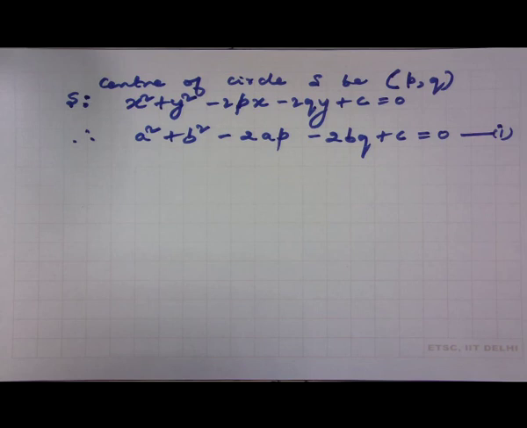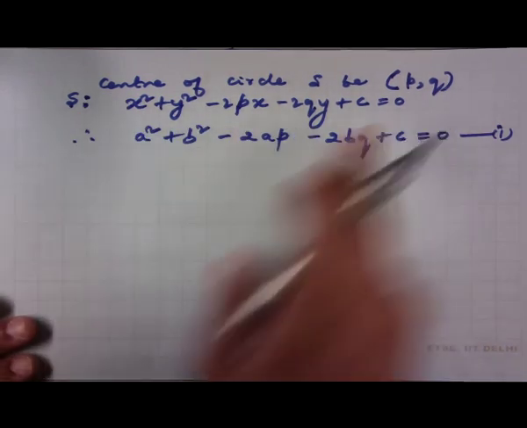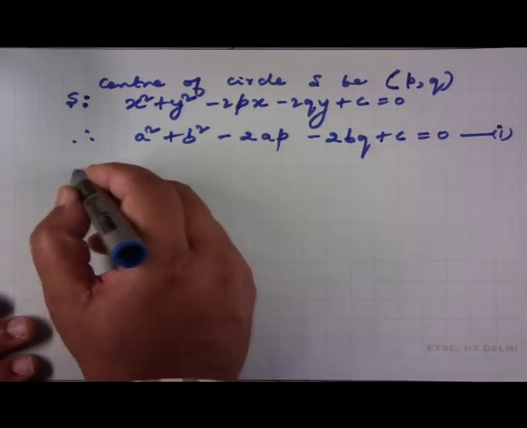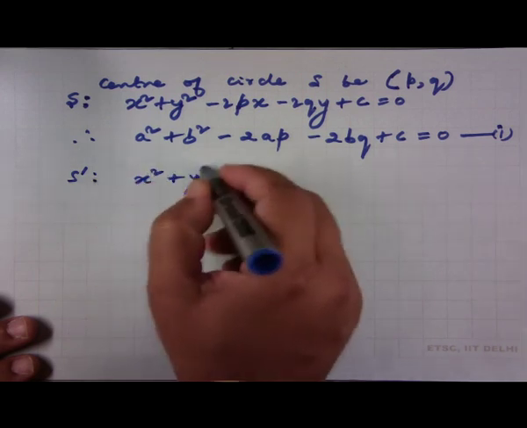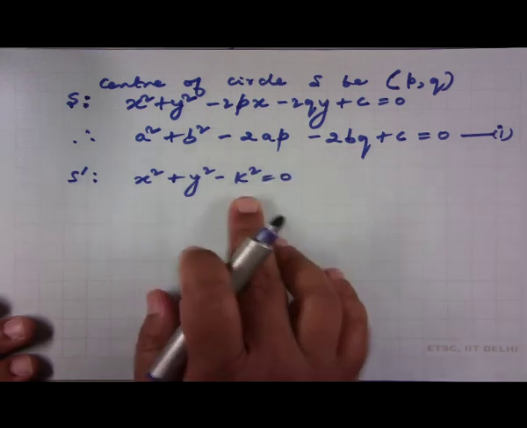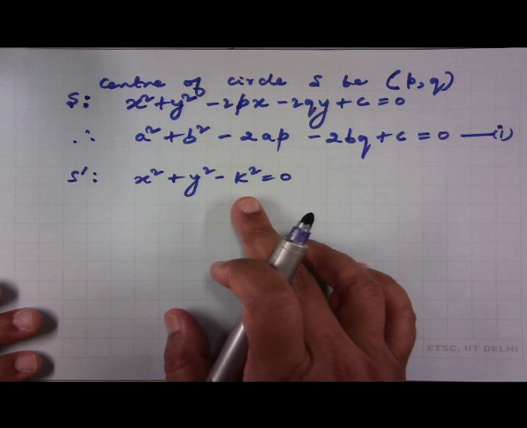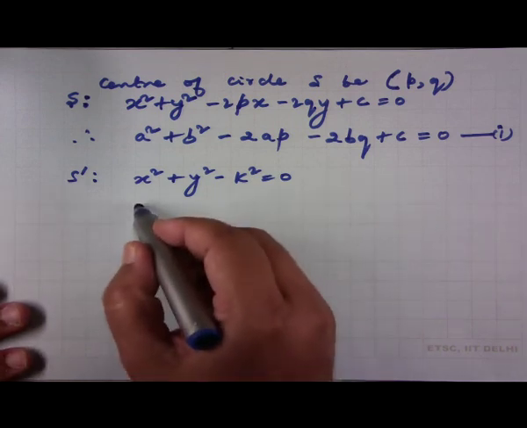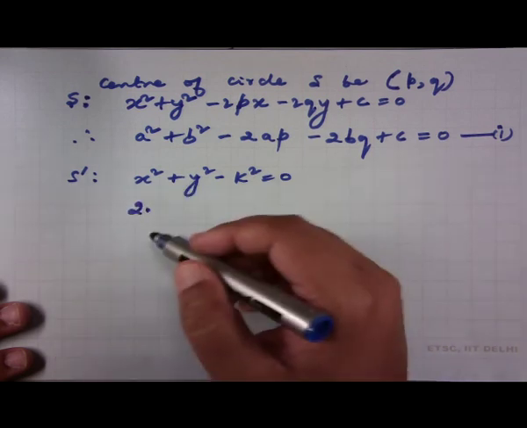And then it is also said that this particular circle S is orthogonal to another circle, let us say S prime, whose equation is x square plus y square minus k square is 0. So, we use the condition of orthogonality, then what we get is 2 times g1 times g2.